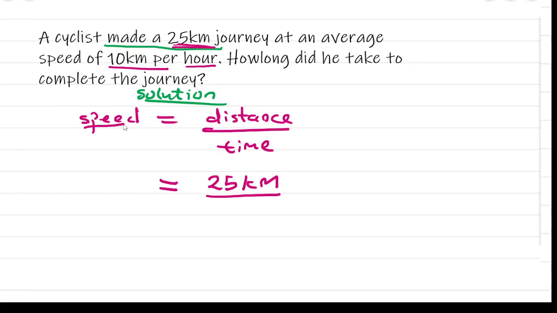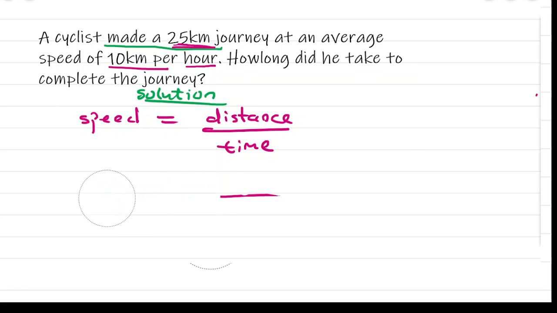Now, at an average speed of 10 kilometer per hour, we are given the value for the speed, which is 10 kilometer per hour. But I will take away the units here. There is no point. This is not a physics class, so I will just concentrate on the values.